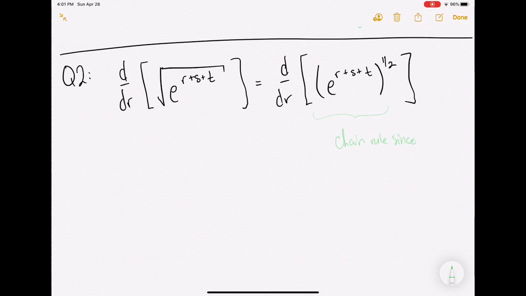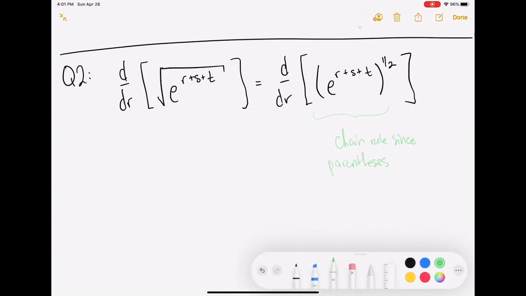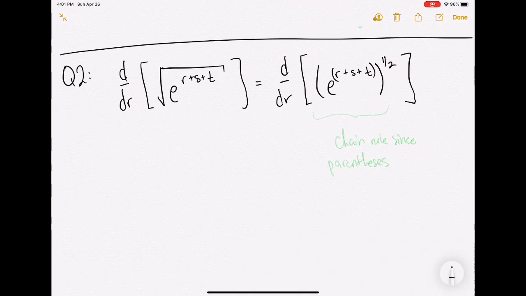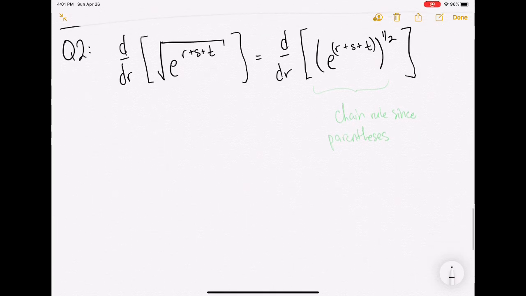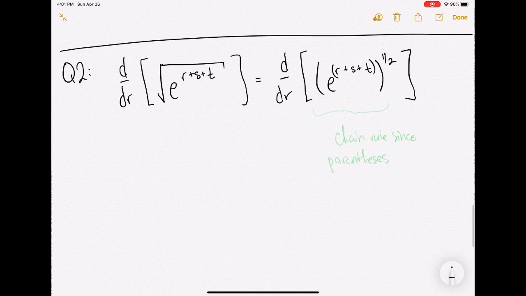Since parentheses. But I'm going to add an extra set of parentheses here just so you don't forget that you have to do the chain rule there as well. Okay. So, here's a special thing. I'm not going to use primes because d/dr is there the whole time.